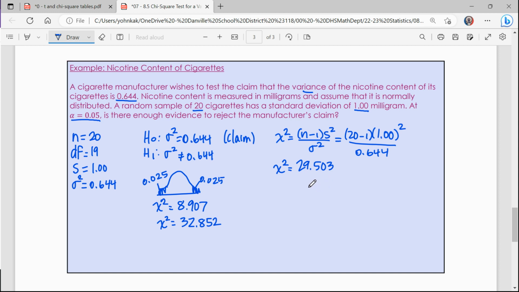So we compare. Our cutoff is 32.852. We are not in the critical region, so we do not reject the null hypothesis. So since 29.503 is not in the critical region, we do not reject the null.